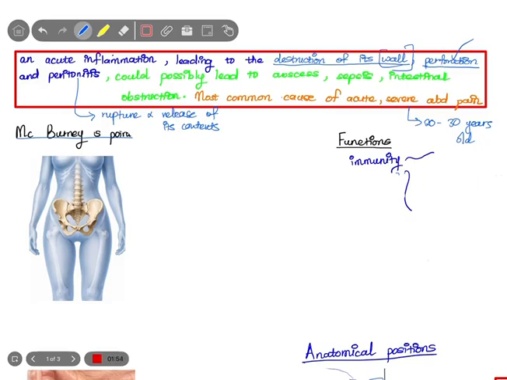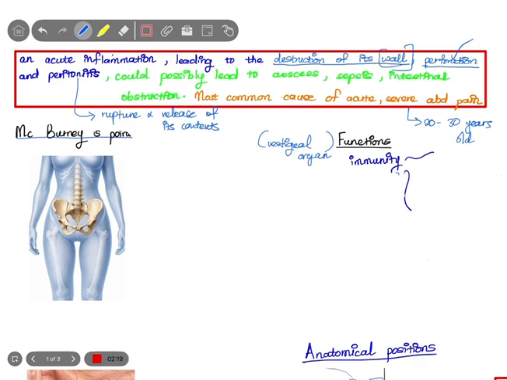Now, the appendix was initially thought to be a vestigial organ with no pronounced function, because patients who had previously undergone appendectomy did not show any complications or problems with digestion thereafter.